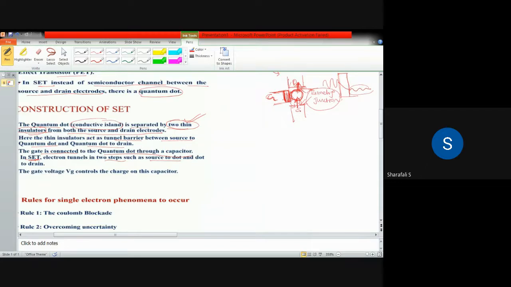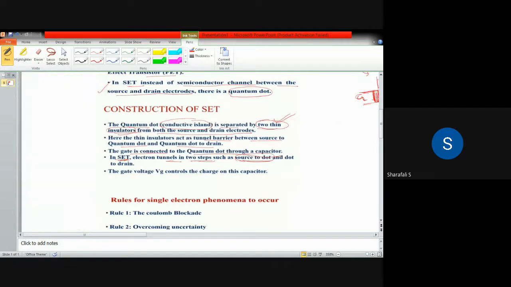So the tunneling will happen in two steps. The first step is the tunneling of the electron from source to the quantum dot, and then from the dot to drain. Two steps are there for this tunneling, and only then will the electron reach from source to drain.